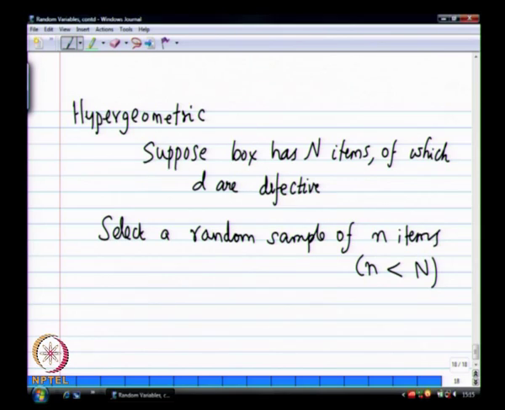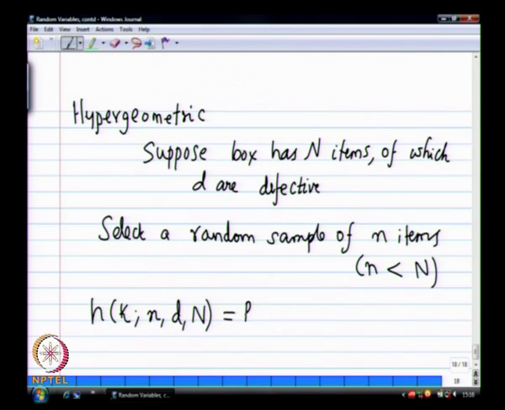This is your sample testing, and n should be much smaller than N. Now the probability h of finding k faulty items, given that you have taken n samples, D is the total number of defective items, and N is the total number of items in the box.